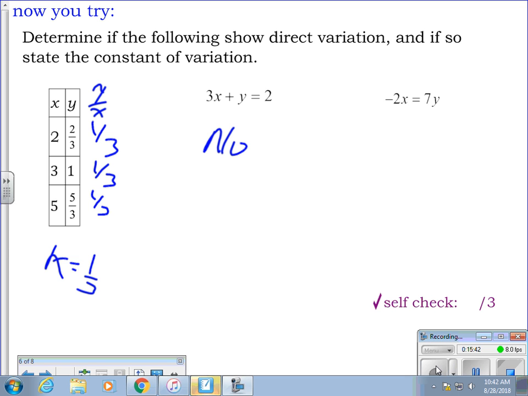Can I make it look like one of these? Yeah, if I can make it look like one of these, it is direct variation. To find out what k is, divide both sides by 7. Negative 2/7 x is equal to y. So my k is negative 2/7. So yes, it is.